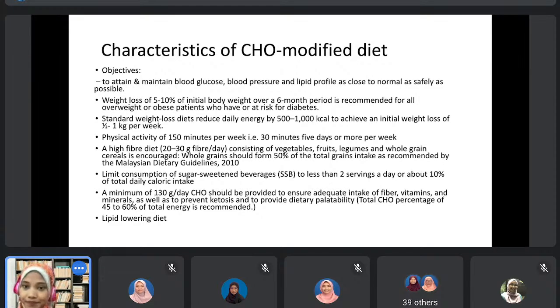Satu ni ke? Satu serving sugar berapa kalori? Satu serving. Saya cakap sorang-sorang ke?